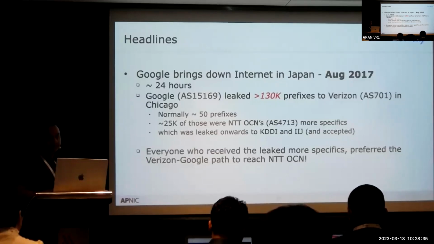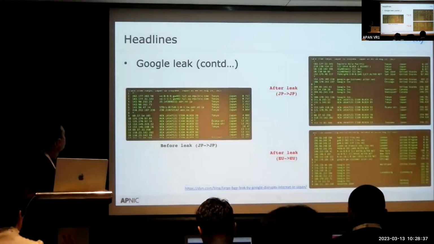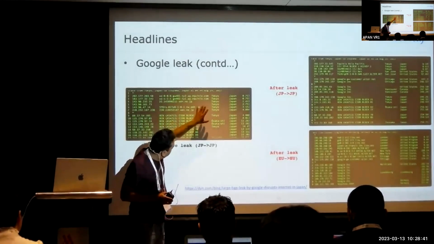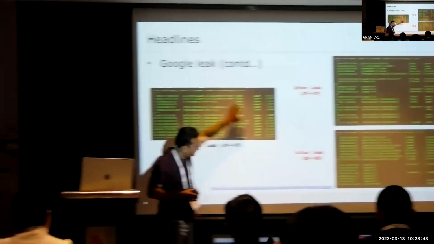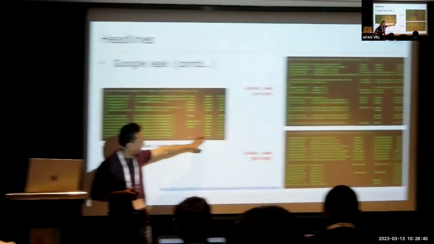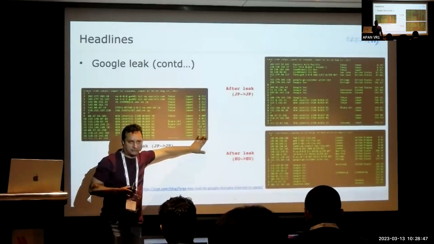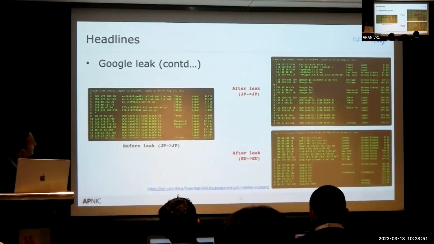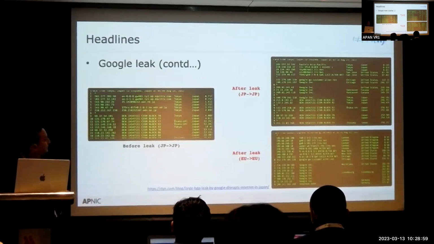Before the leak, traffic from Tokyo to Osaka, from source to destination, stayed within Japan, and the time was 22 milliseconds. That's a normal time, right? But once the leak happened, you see traffic going from Tokyo to San Jose in the US and returning back to the same destination across the region, right?